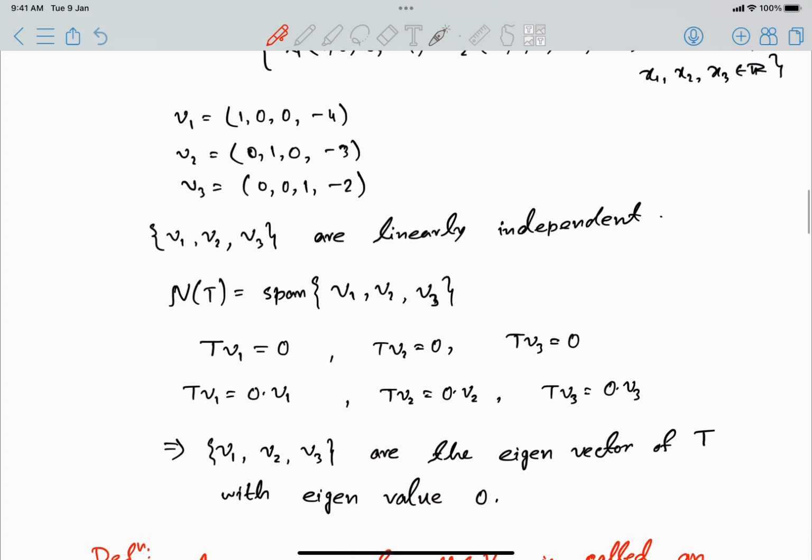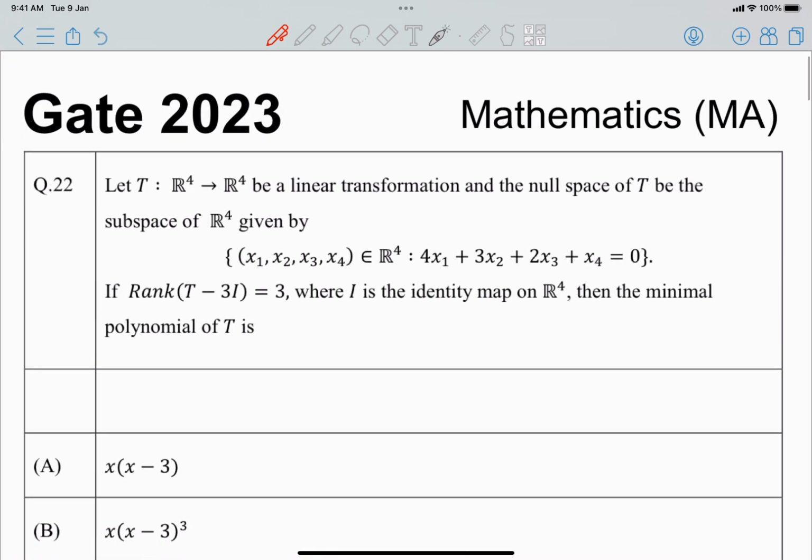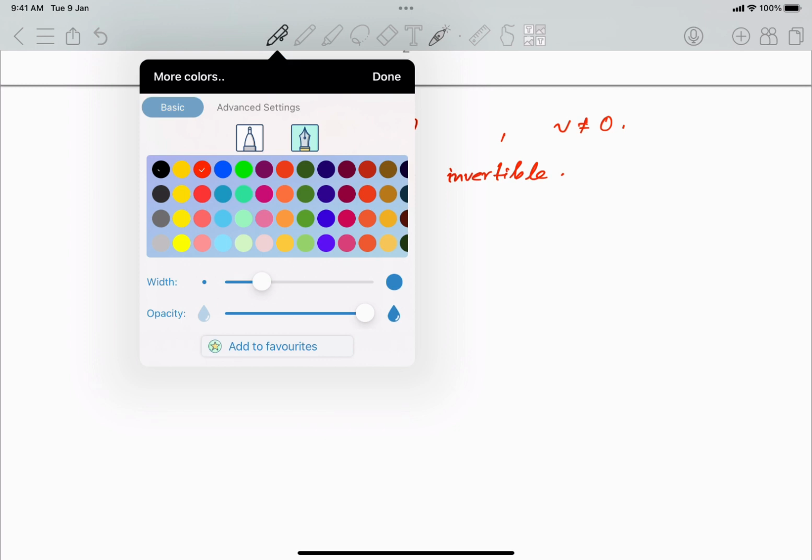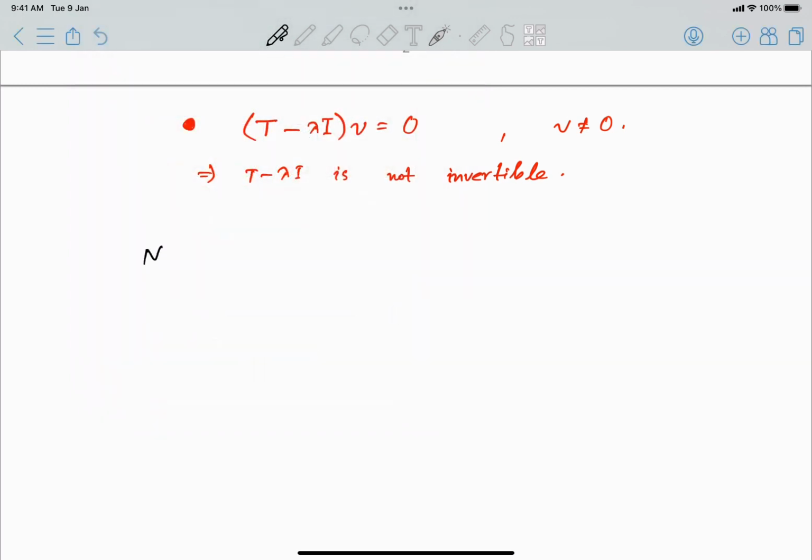Okay. So from this one we have got this one, and now we use this one, right? Rank of T minus 3I equals 3. So let's see what we have got from there. Note, given that rank of T minus 3I is 3, right?